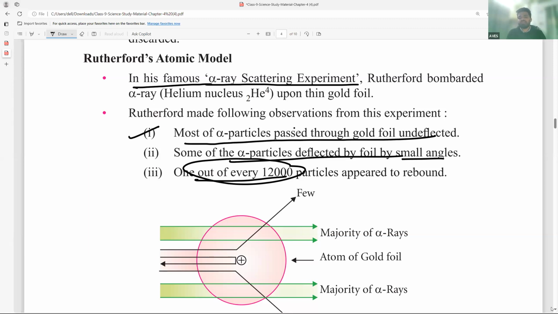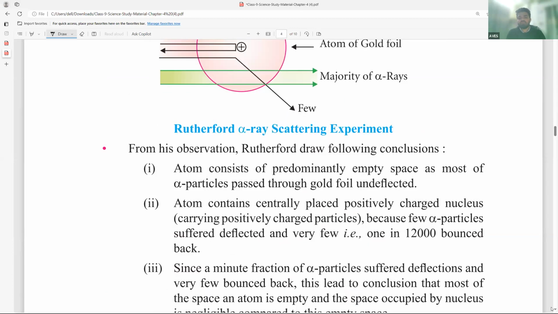The first observation, that most alpha particles go undeflected, means that the atom has a lot of empty space through which alpha particles can pass without deflection. Gold atoms are very large compared to the helium nucleus, because an alpha particle is a helium nucleus.